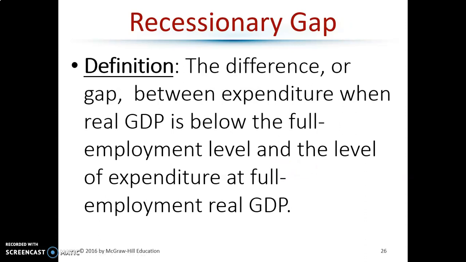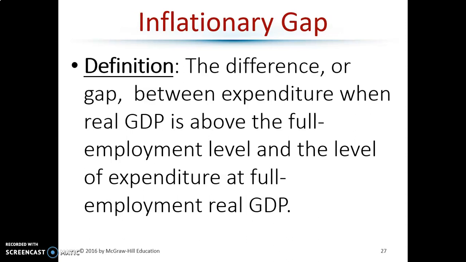So recall that we are looking to close recessionary and inflationary gaps. Recessionary gap, I've been referring to it a few times, but I thought it was useful to have a slide here to remind ourselves that that's the difference between where GDP is now and where we want it to be. Same thing with an inflationary gap. It's just on the other side, the difference between where GDP is now and where we want it to be.